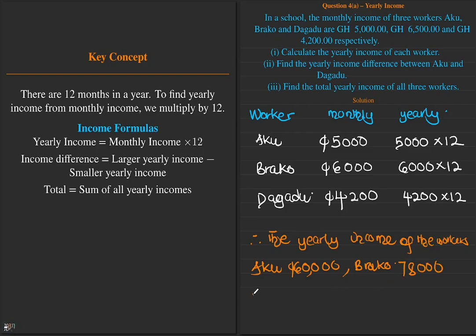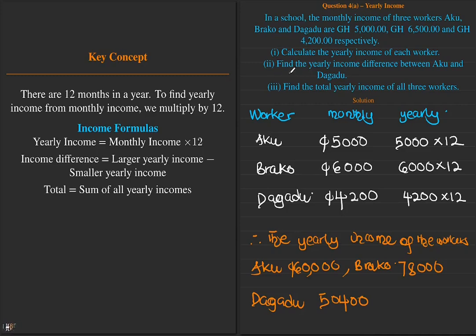And the last one, which is Dagadu, is going to be 42 times 12. We put the zeros there. That gives us 504, then with our 2 zeros. So that is 50,400 cedis. So these are the yearly incomes of each worker.